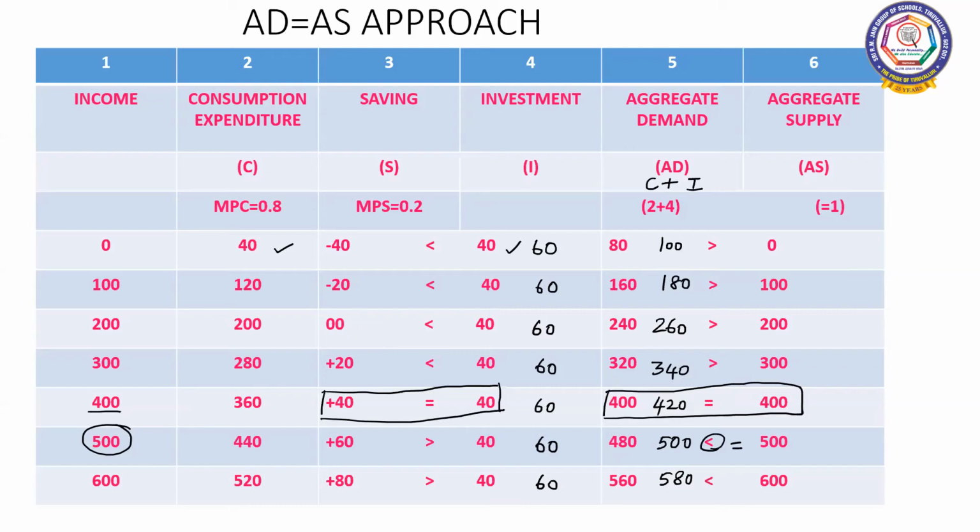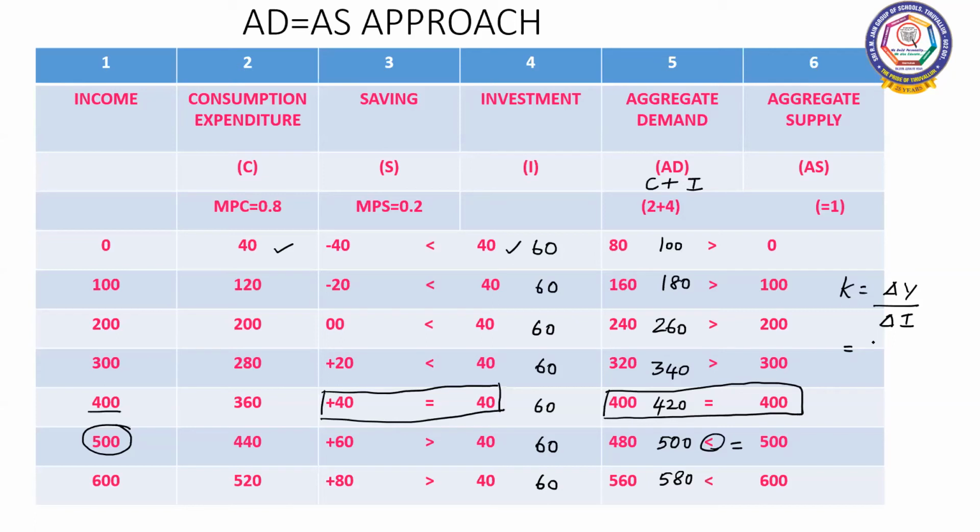This multiple effect, when we calculate, we'll know how many times income has multiplied in the economy. If I'm going to calculate multiplier, K is equal to delta Y by delta I. Change in income here is from 400, it has increased to 500. It means there's an increase of 100 crores.